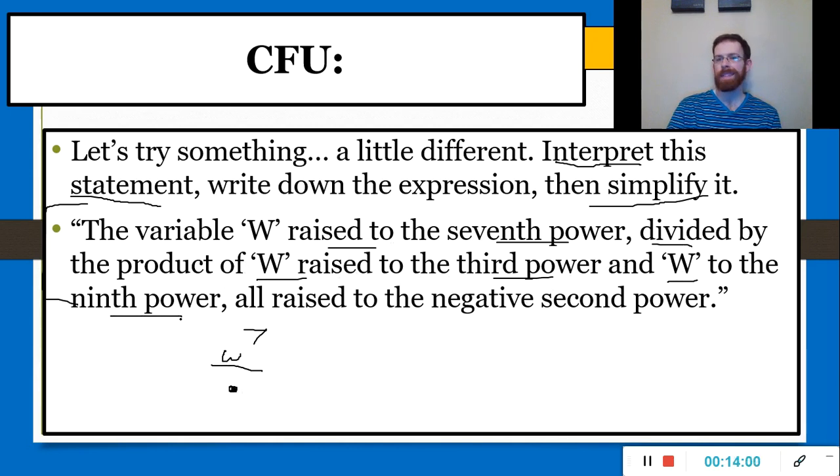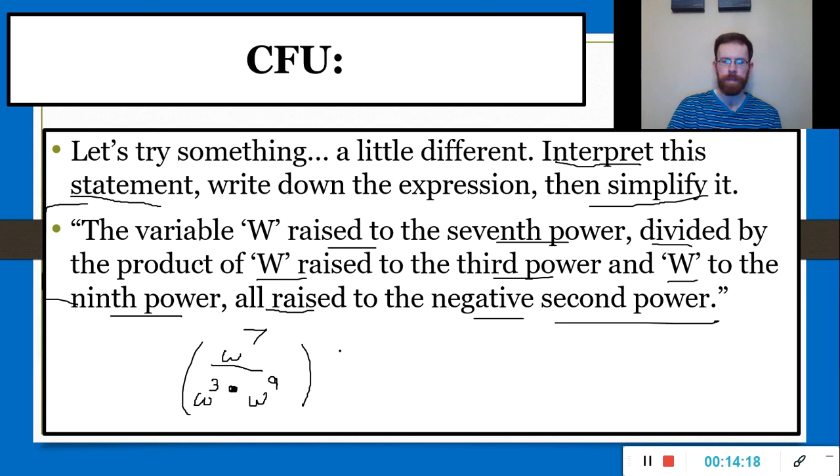Good, I'm using the same variable, which is easier, means I can actually do things. One's raised to the 3rd, and the other one's raised to the 9th. And all raised to a negative 2nd power.